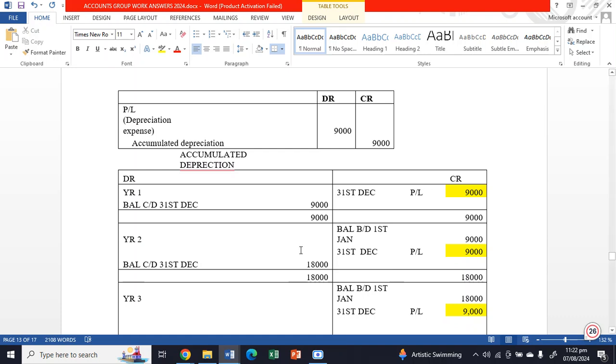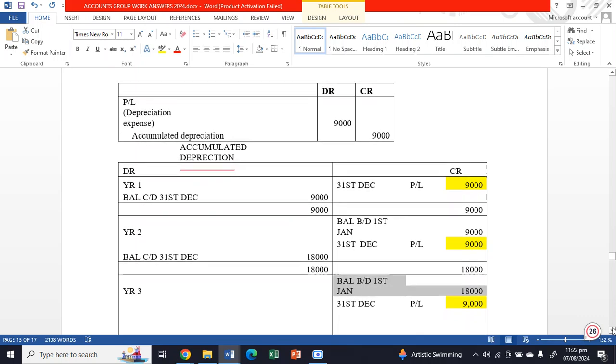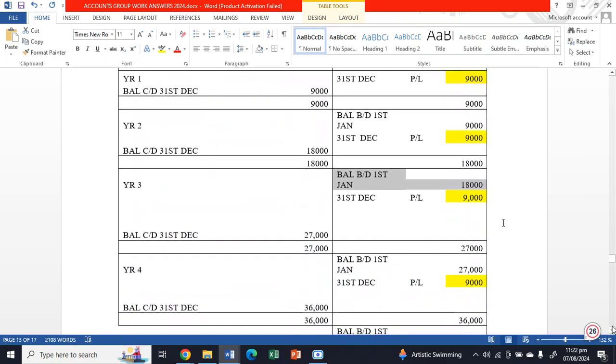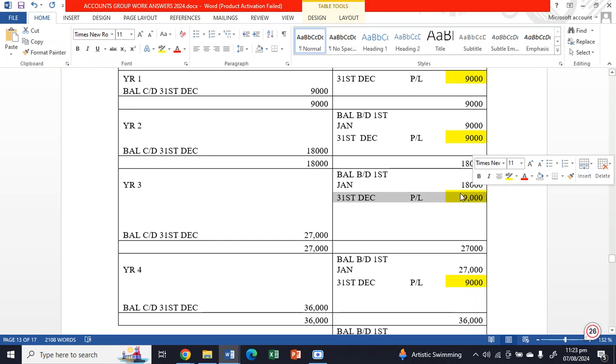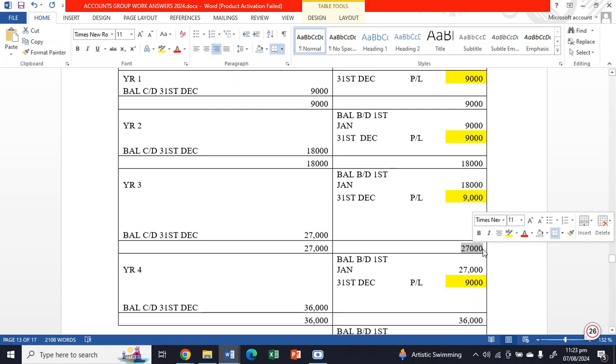Okay, so we bring this balance of 18,000 on the 1st of January in year three. Year three passes, the depreciation expense incurred for year three is 9,000. So you're going to add 18,000 plus 9,000. The accumulated depreciation of year three is 27,000.